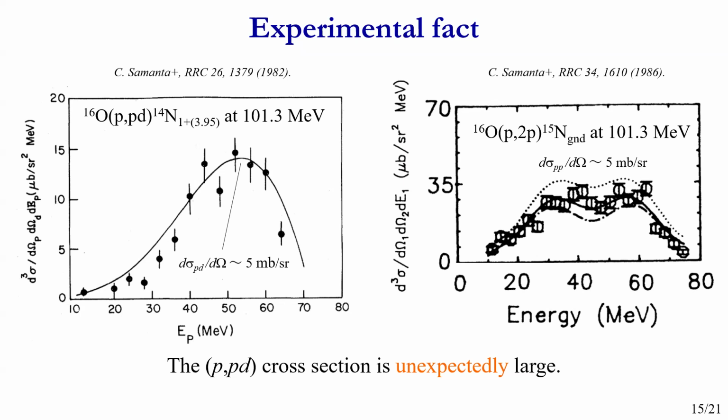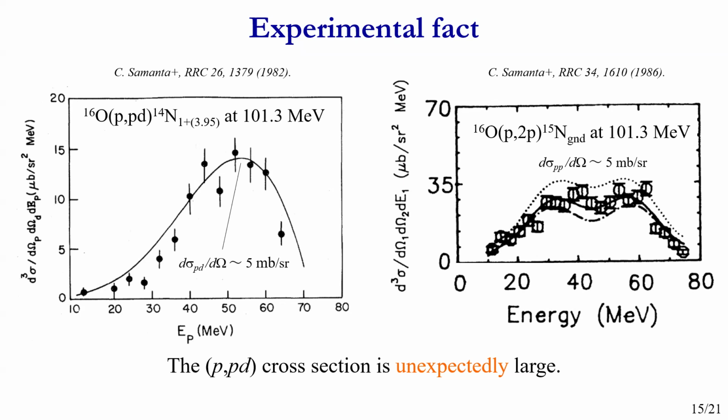And you can see that the magnitudes of the cross sections are not very different, right? The ratio at the peak is only a factor of 2 or 3, right?